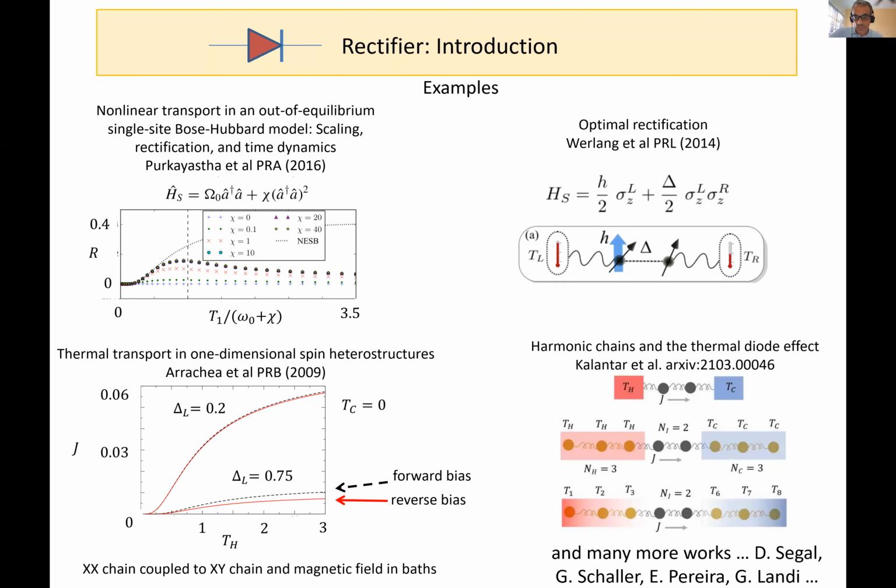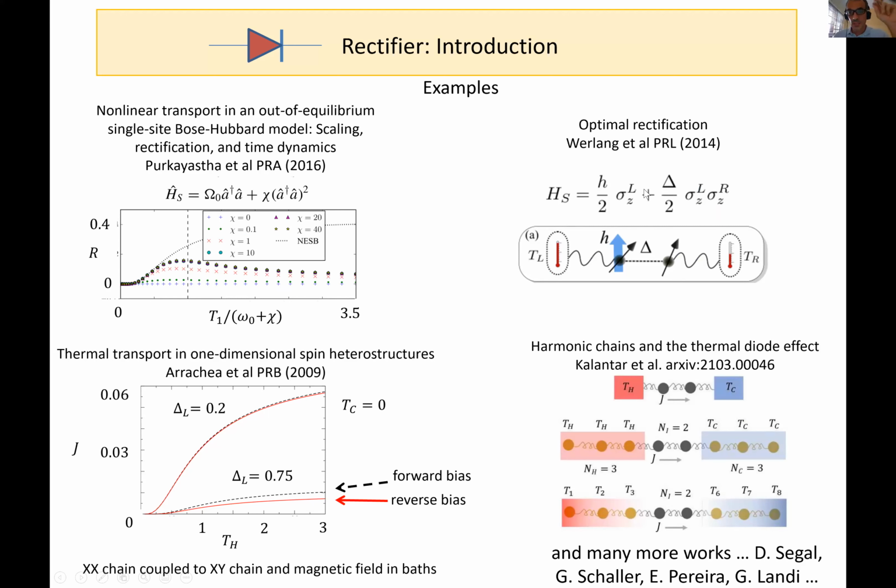I would just like to name three quantum systems and one classical one here. I already mentioned the work by Archak in 2016 for bosonic systems with non-quadratic terms, basically quartic terms. Then there are works also by Arrachea and others in 2009 on spin chains, where the baths were quite different because of different magnetic fields in the baths.